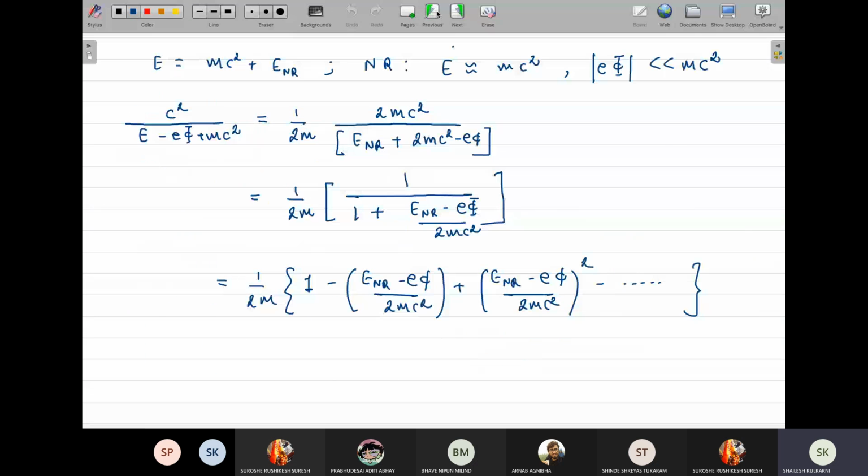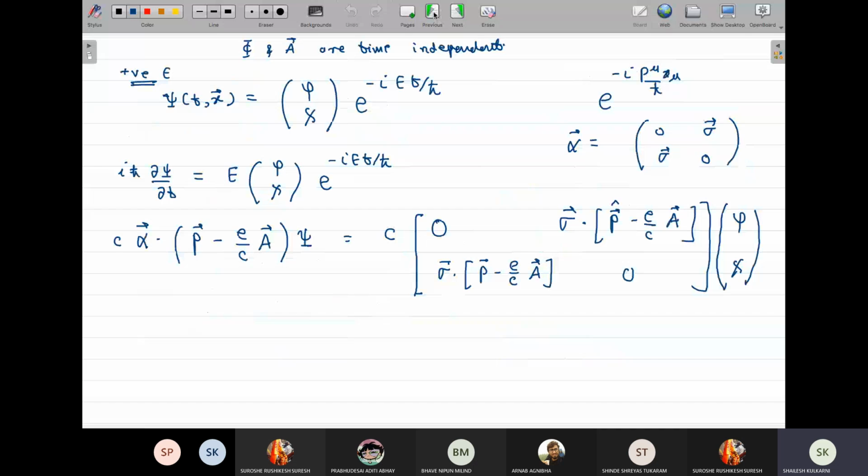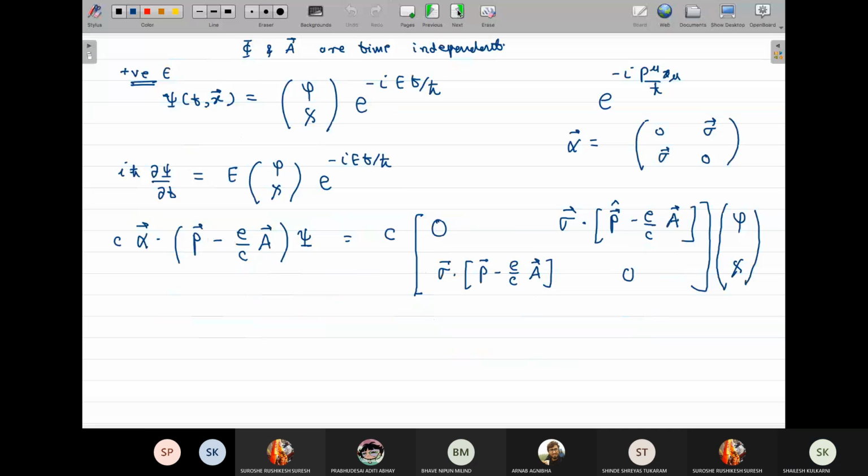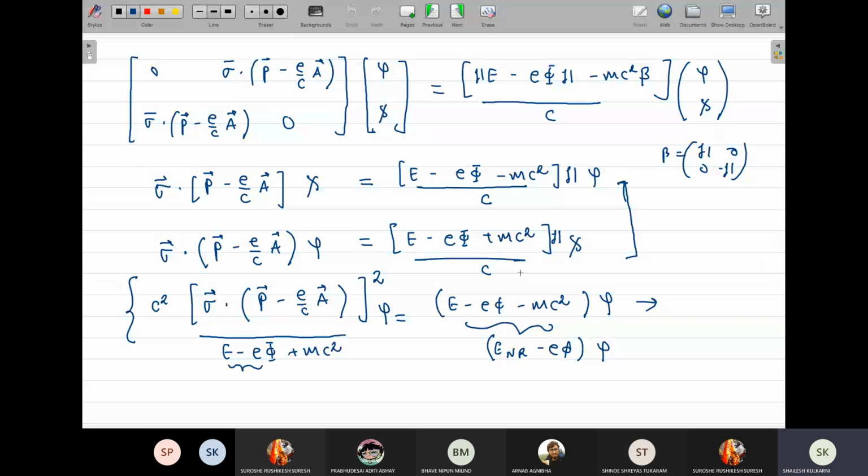So you come back to this expression. This one. What we did, we evaluated chi from this and substituted here, and we got the equation in phi. Now, when we solve this, we will get phi. Once we know phi, we will get chi.